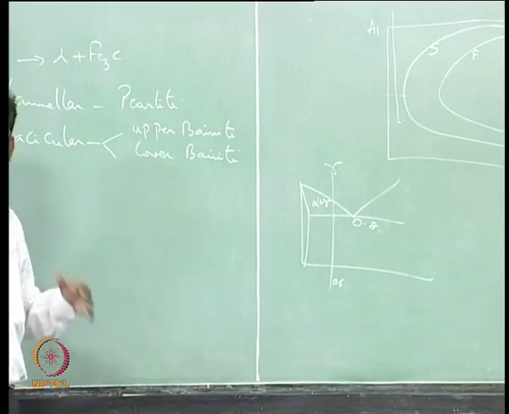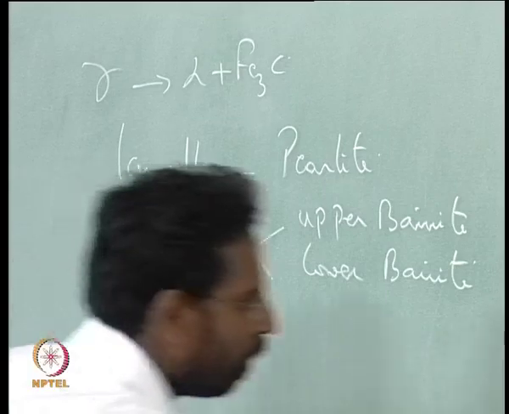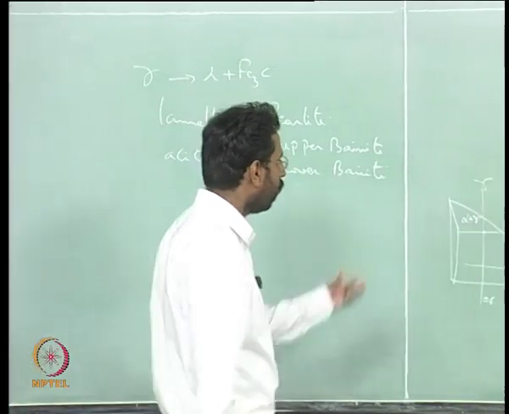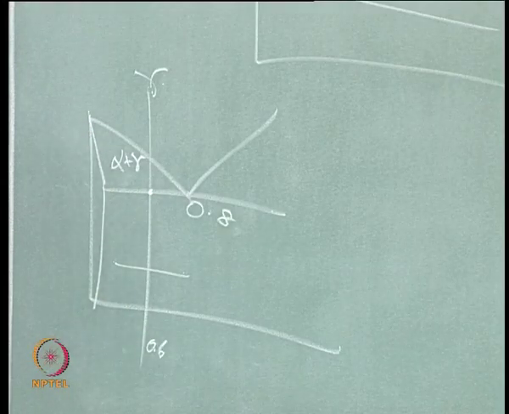But if you have cooled this gamma very fast to some low temperature like this, then you may see the situation that you actually may not even get alpha; directly the gamma may undergo a transformation.